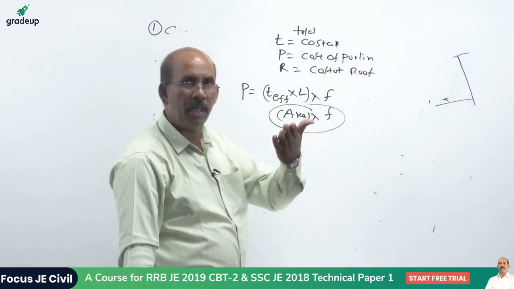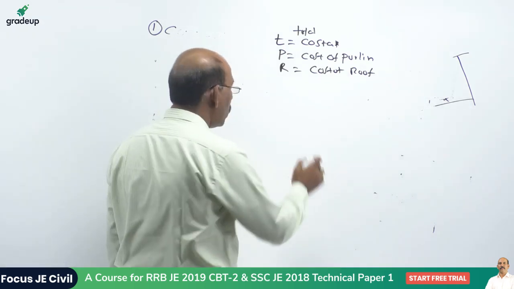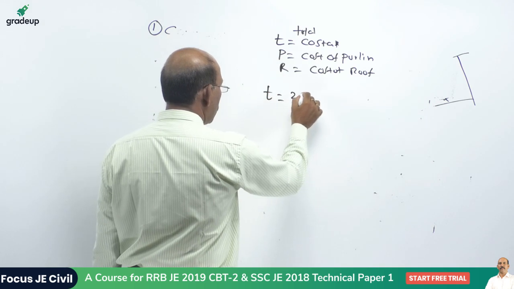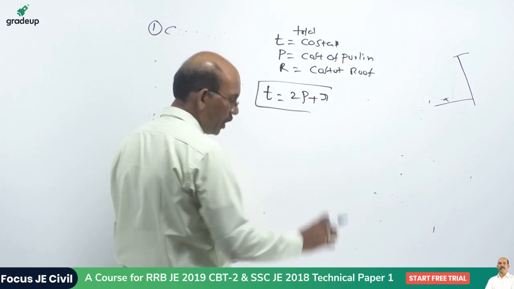In many competitive examinations, this particular question has the total cost T equal to 2P plus R. This is the capital.